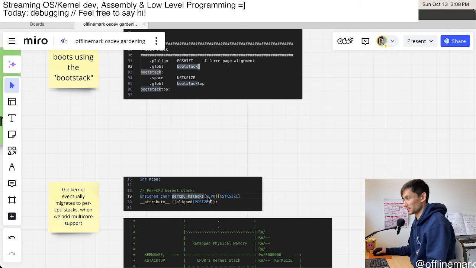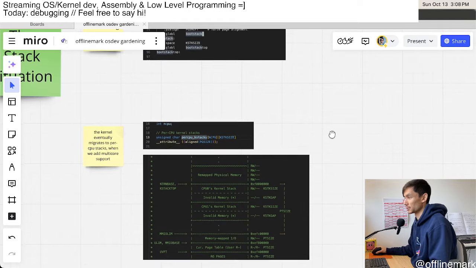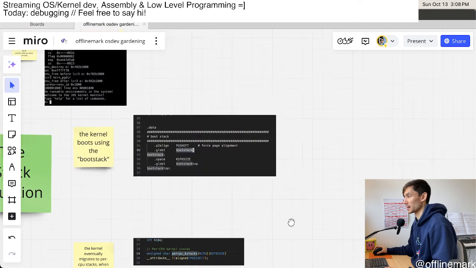It's literally just a global buffer, basically a global variable. It's just this big, large buffer region inside the kernel binary. And that's going to be used as the backing memory for these stacks. And so we're going to map these areas of virtual memory to point to these kernel stacks.